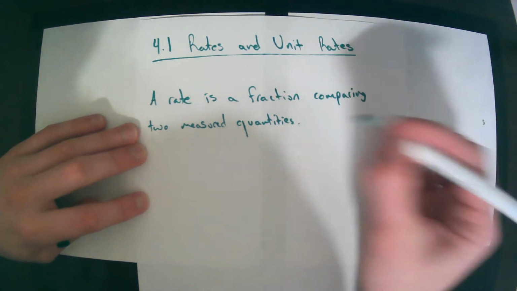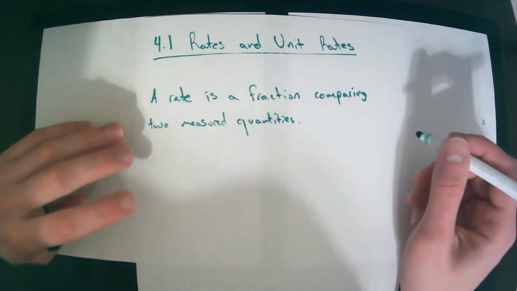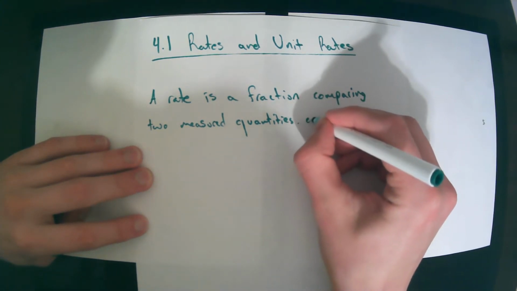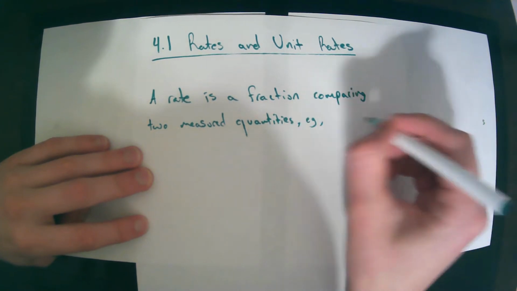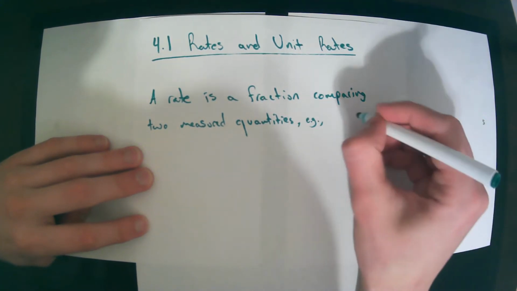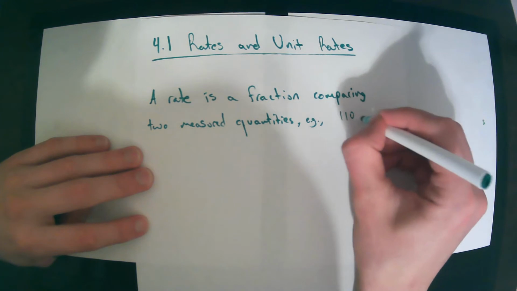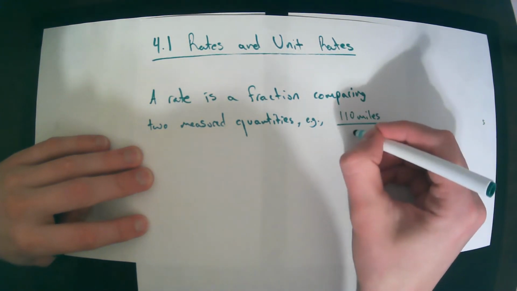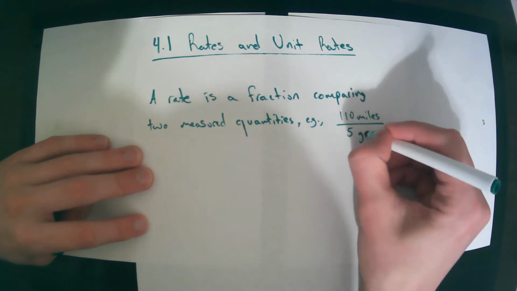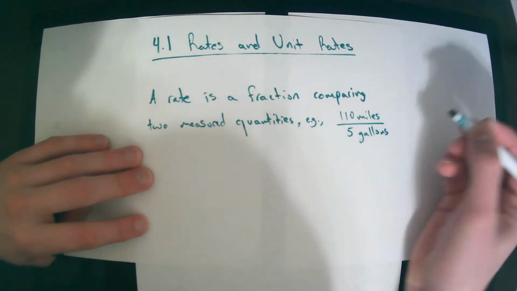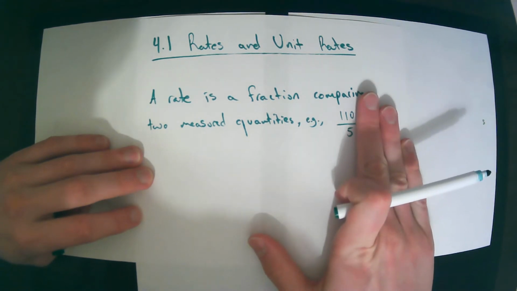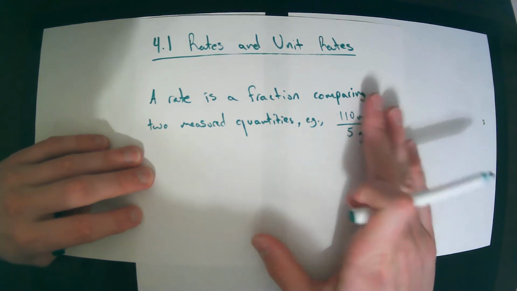So I list a couple examples in the notes here, like, for example, 110 miles per 5 gallons. This is just some arbitrary example of a rate. You see how 110 over 5 would just be a regular fraction, right?